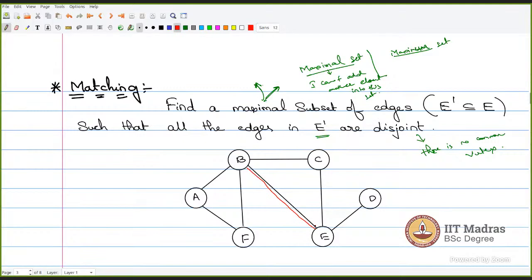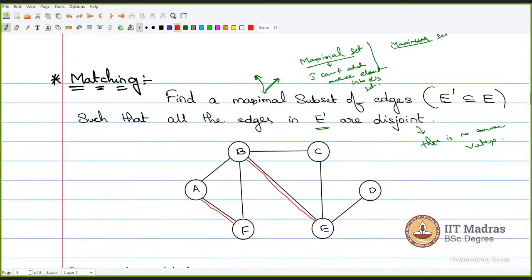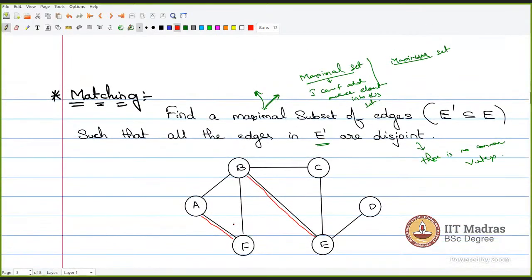Only AF. Correct. So now my matching set M is this edge AF and BE.